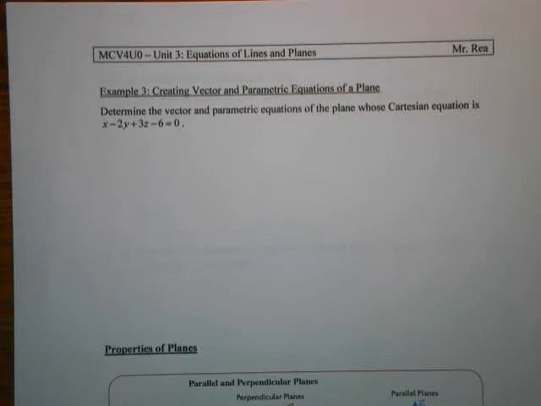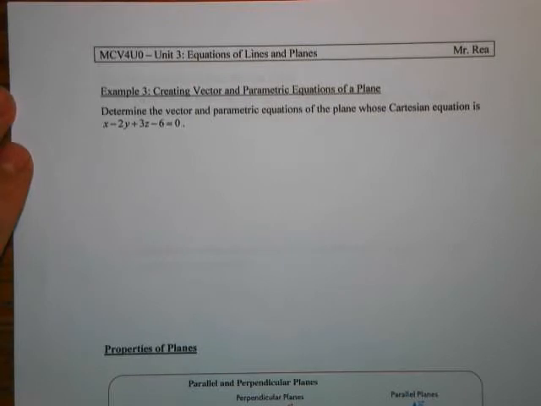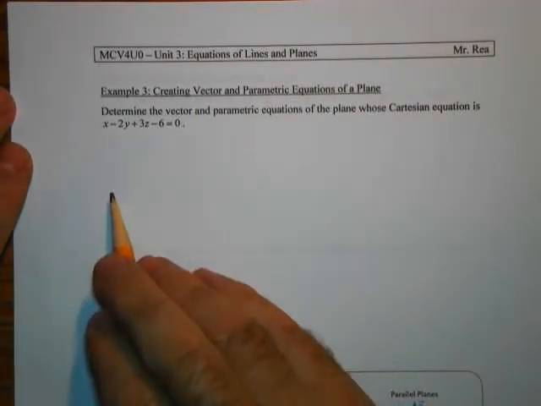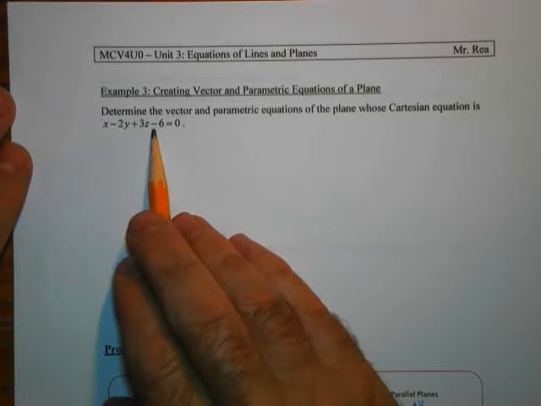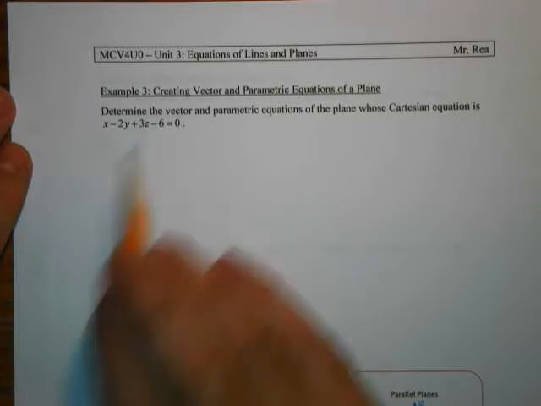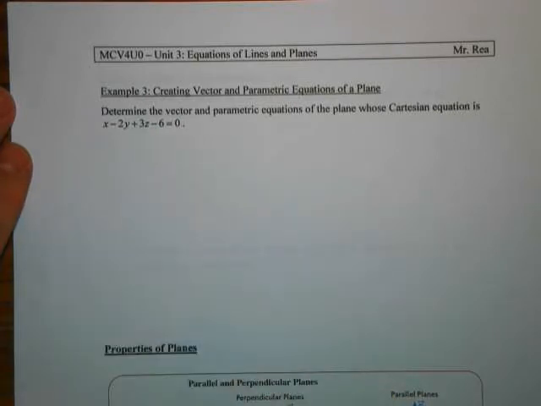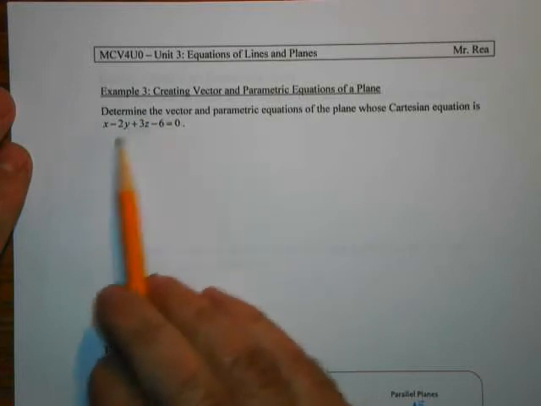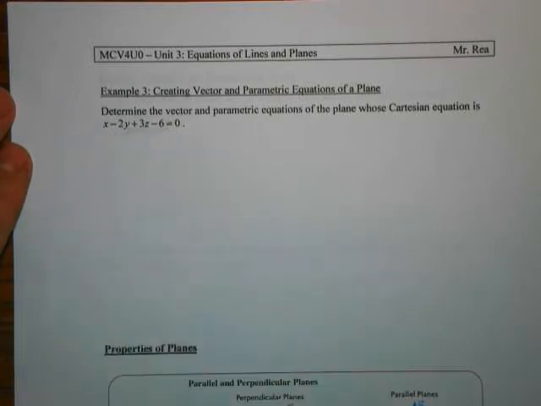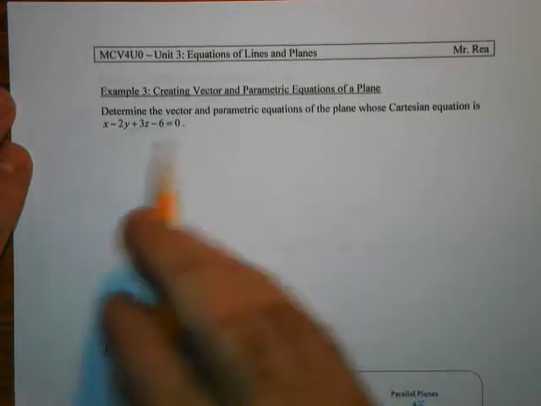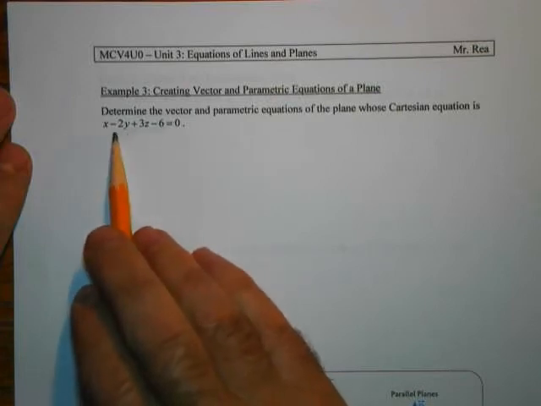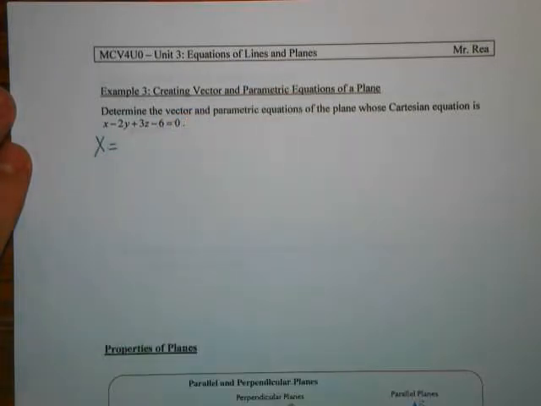So the way we're going to do this is similar to something we did in the last lesson. I need to find 3 points that are on this plane. Okay, and the way I'm going to do that is slightly different than what I did before, because I'm not using scalar multiples here. So I'm not going to just pick arbitrary values of s and t like I did before. But I do see that I can rearrange this equation to isolate x.